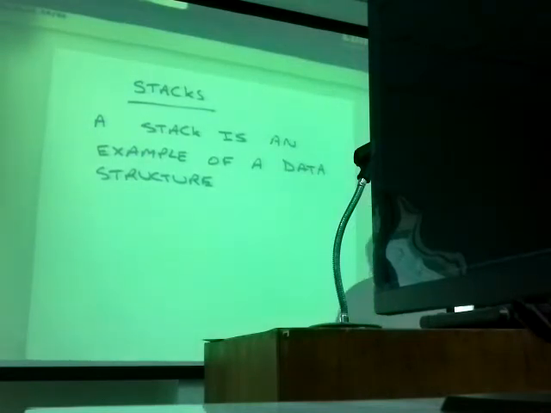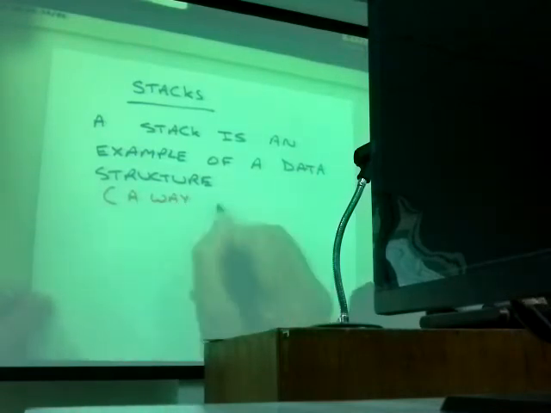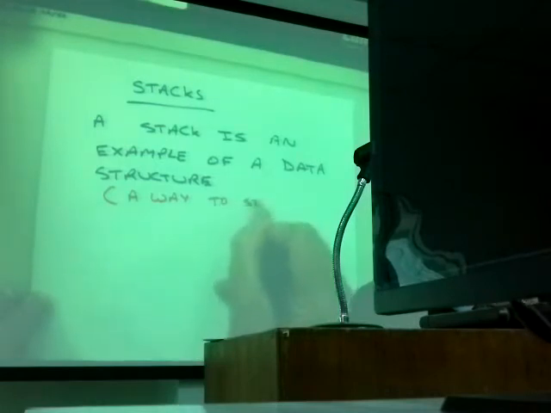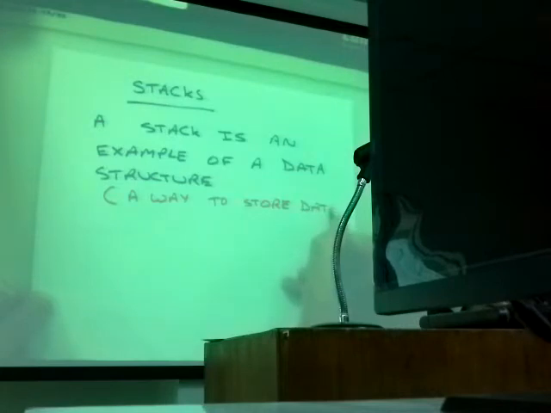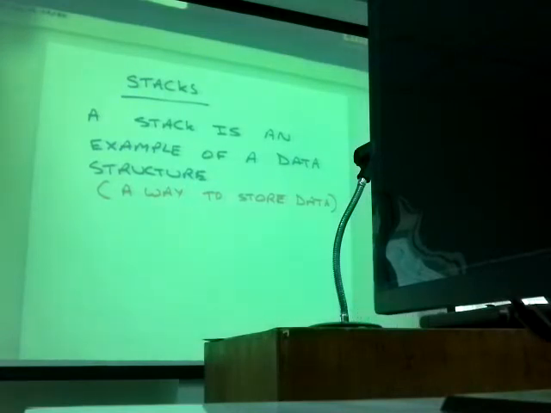And we can think of a data structure as a way to store data.